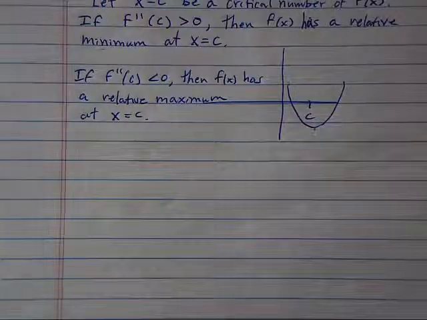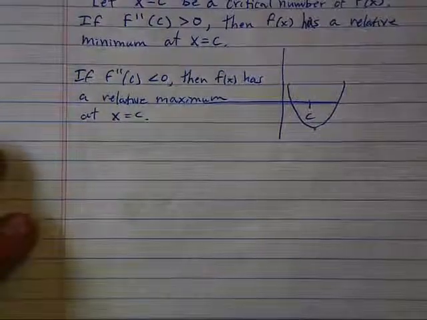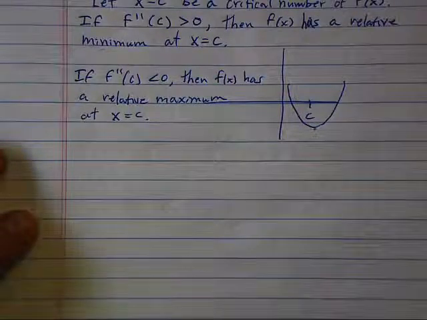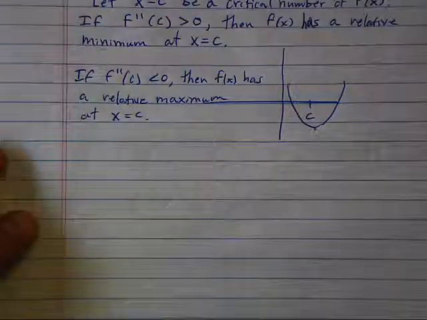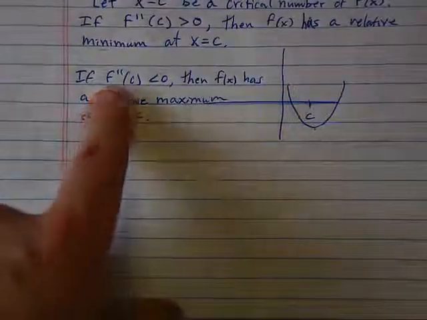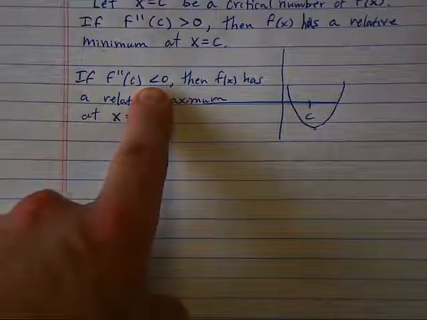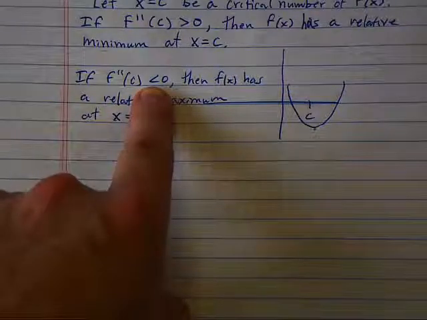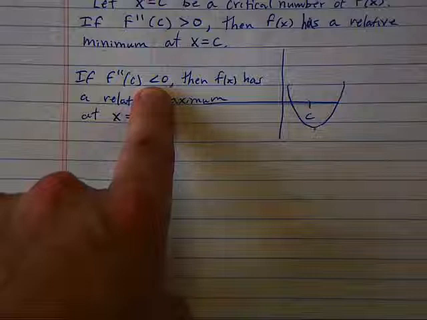All right, so a typical homework problem is going to look like this. Oh, I didn't say this. What happens if the second derivative equals 0? Well, maybe it's an inflection point.